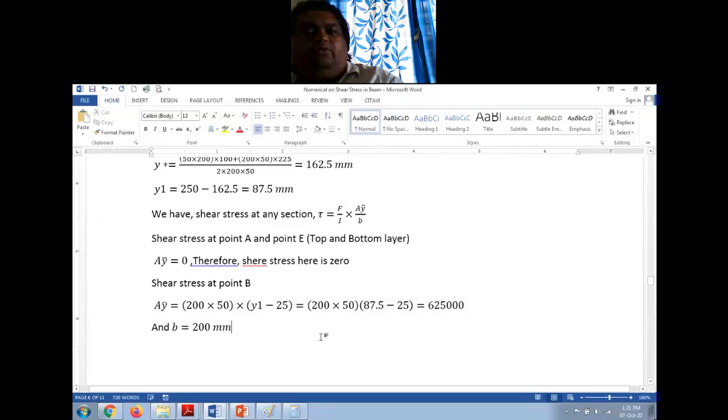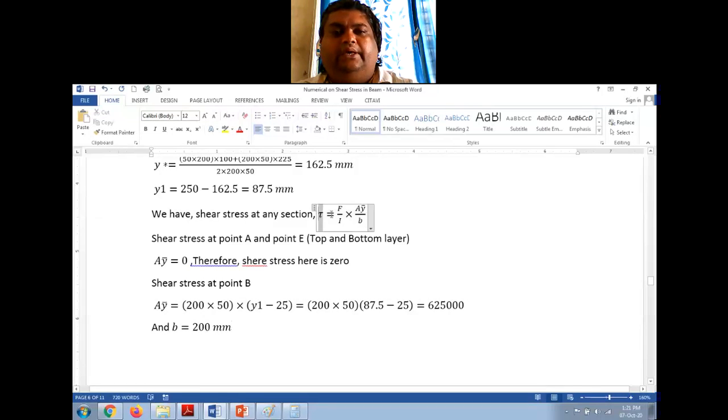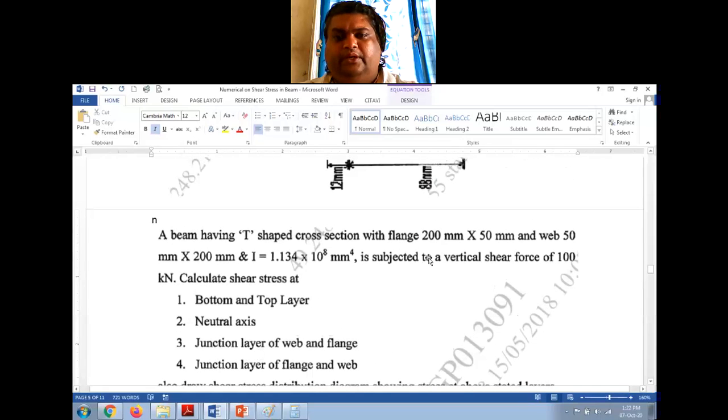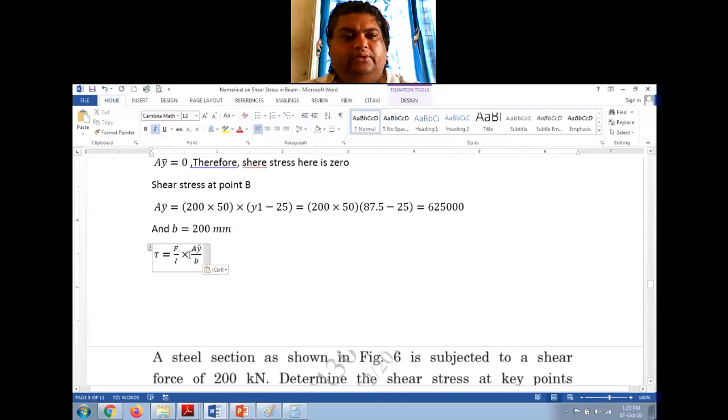Right? Now let us use this equation for shear stress. So shear stress is given by F by I. Now what is F here? F is 100 kilonewton. So you have to put it in Newton. 100 kilonewton means into 1000.